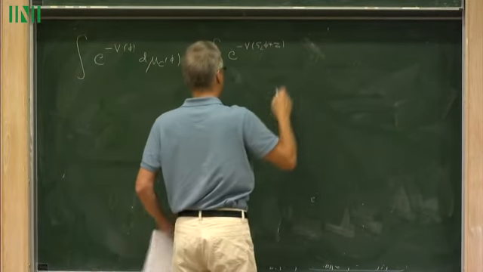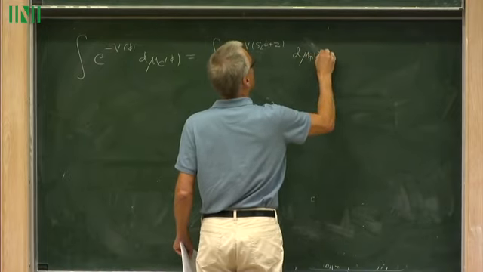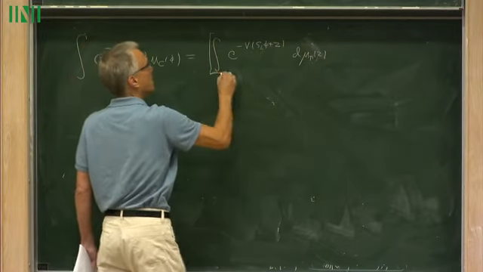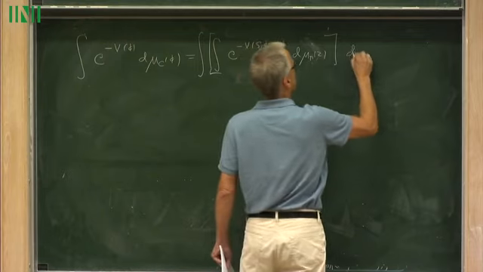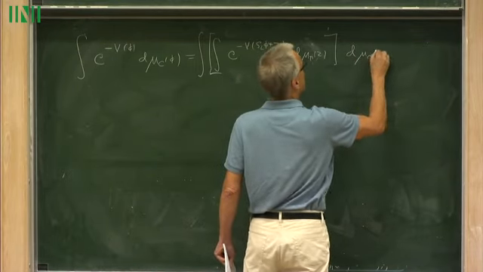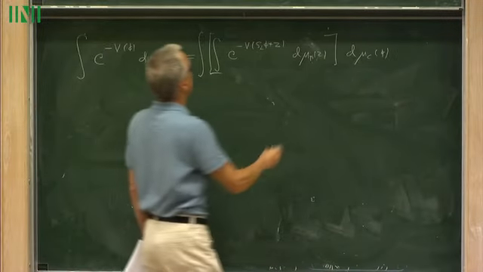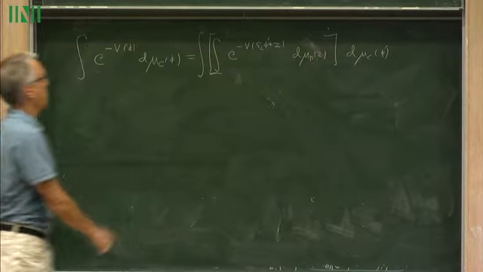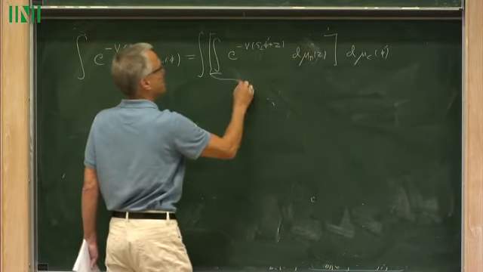I first integrate over z with covariance gamma. And then I integrate over d mu c of phi prime. Okay. And then I can give this a name.